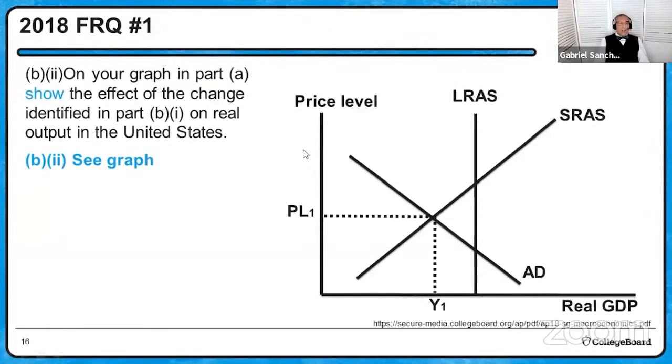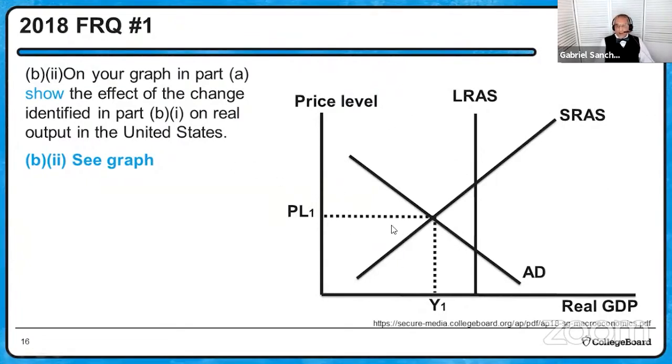BII. On your graph in part A, show the effect of the change identified in part BI on real output in the United States. Now, before we go any farther, please do not draw a new graph. Quite often, students will want to go and draw a new graph.